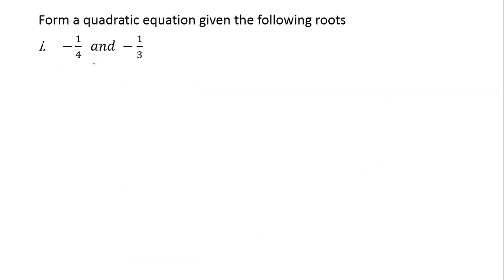And then we have as well -1/4 and -1/3. So our sum is going to be -1/4 minus 1/3. So the LCM would be 12, and 12 divided by 4 is 3 times -1, so here we shall have -3.